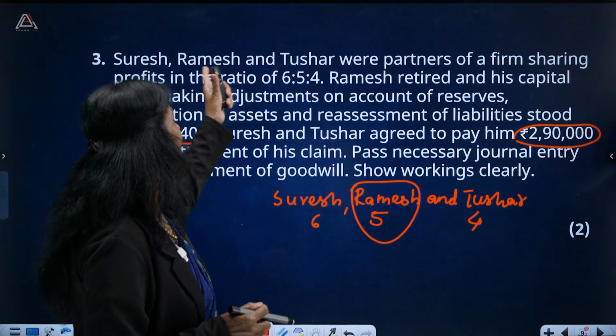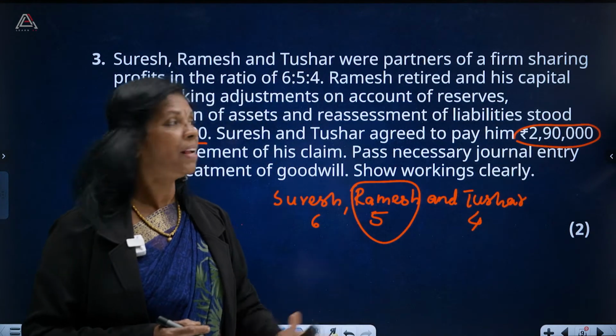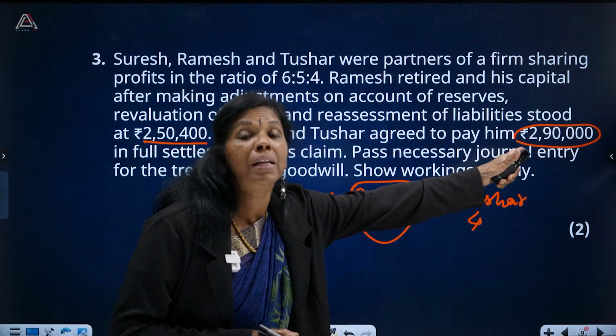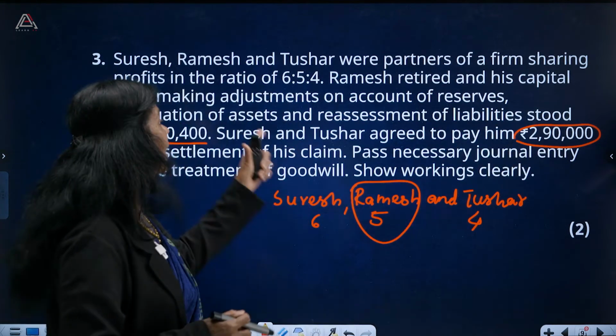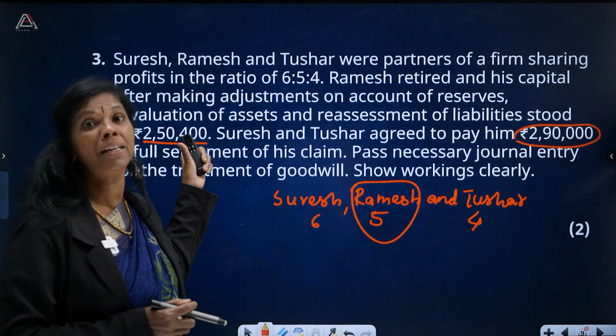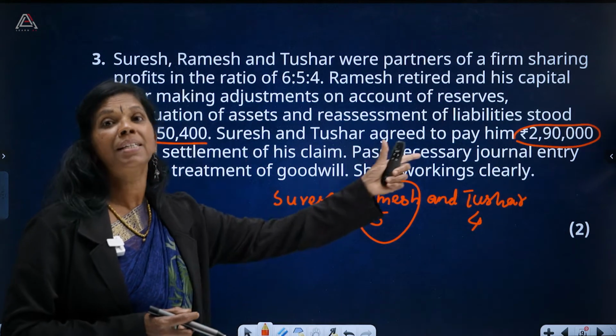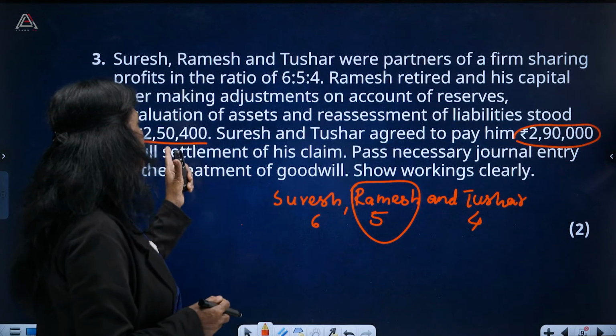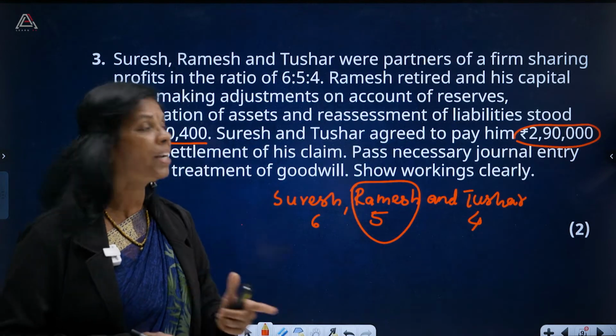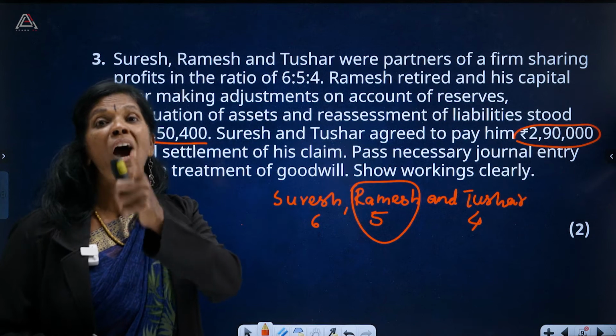Who are the remaining partners? Suresh and Tushar. How much do they give to Ramesh? 2,90,000. And how much is the capital in Ramesh's hand? 2,50,400. Take the difference between 2,90,000 and 2,50,400. We will get the share of goodwill of Ramesh.